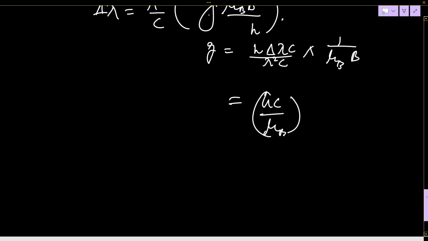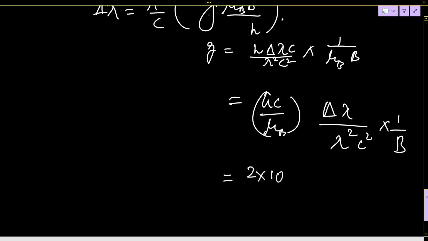Multiply c in the numerator and denominator. So it will give me like this. If c by mu b has value 2 into 10 to the power 2 meter. Okay, and del lambda we know separation 1.6 10 to the minus 13 by lambda.